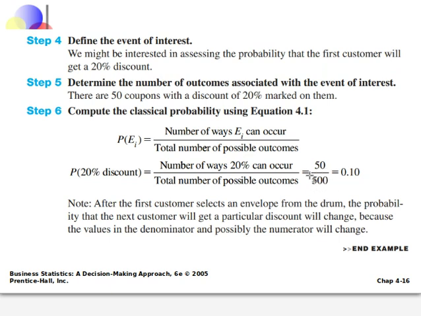Yes, for the next customer, once one has been taken, the denominator will now become 499, not 500. So they change every time a draw is taken.